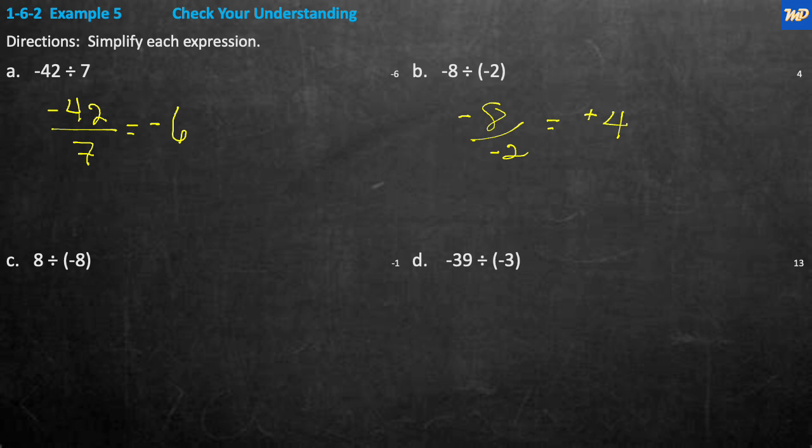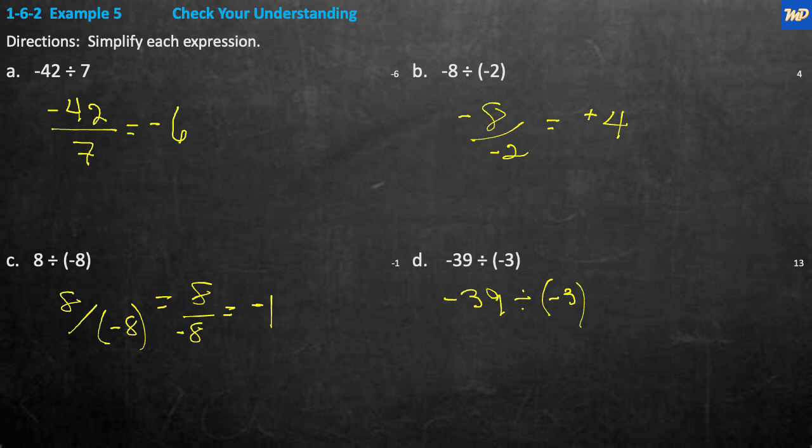How about 8 divided by the quantity negative 8? Well, we have 8 divided by 8 equals 1. And we have one negative sign. Oh, 8 divided by negative 8 right there, sorry. We have one negative, which makes this a negative 1. And finally here, D, we have negative 39 divided by the quantity negative 3.